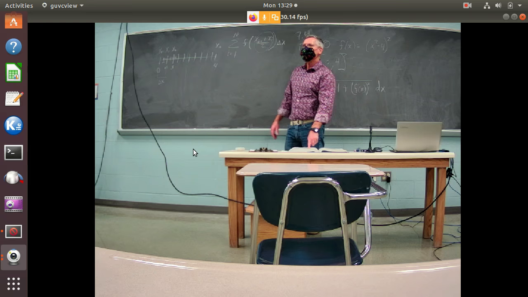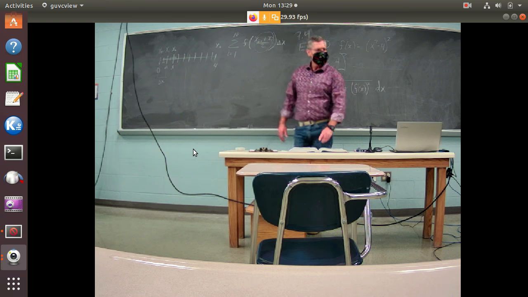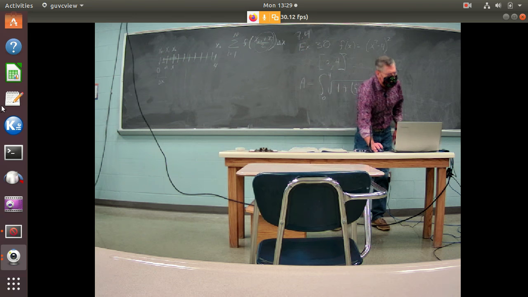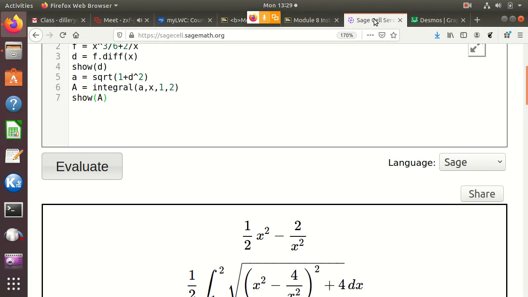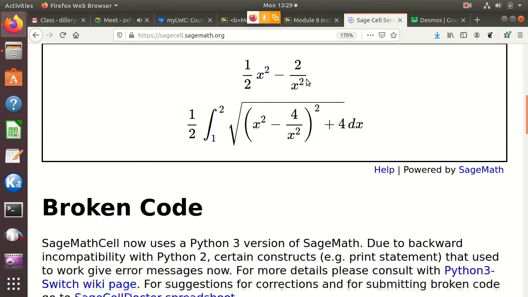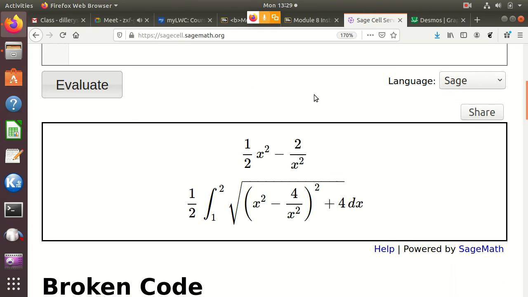I couldn't. So I have to go back and make sure I took the derivative right and all that. But I couldn't do the antiderivative, and I think I still have it on here. So that's what Sage Math got.